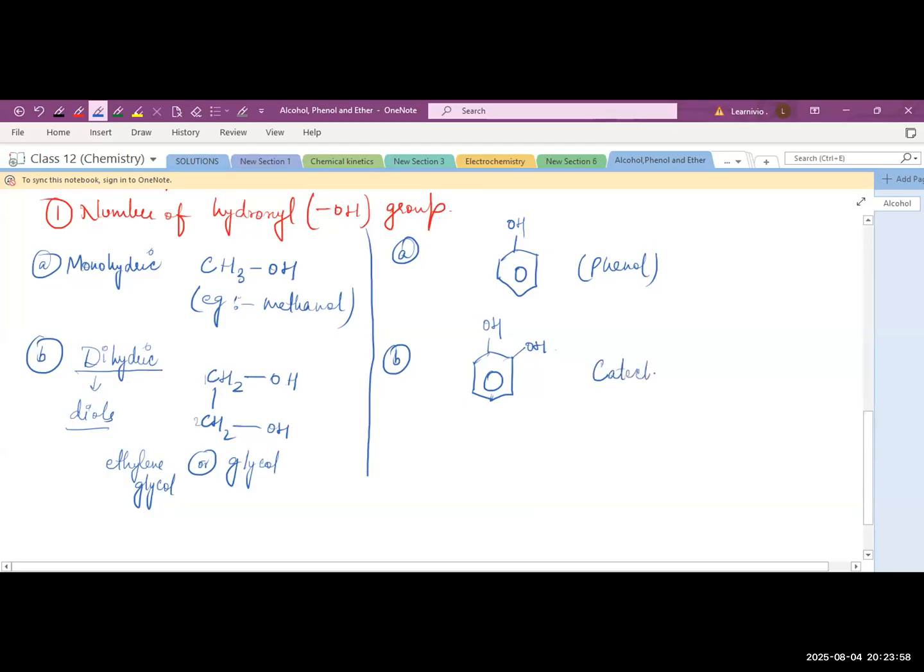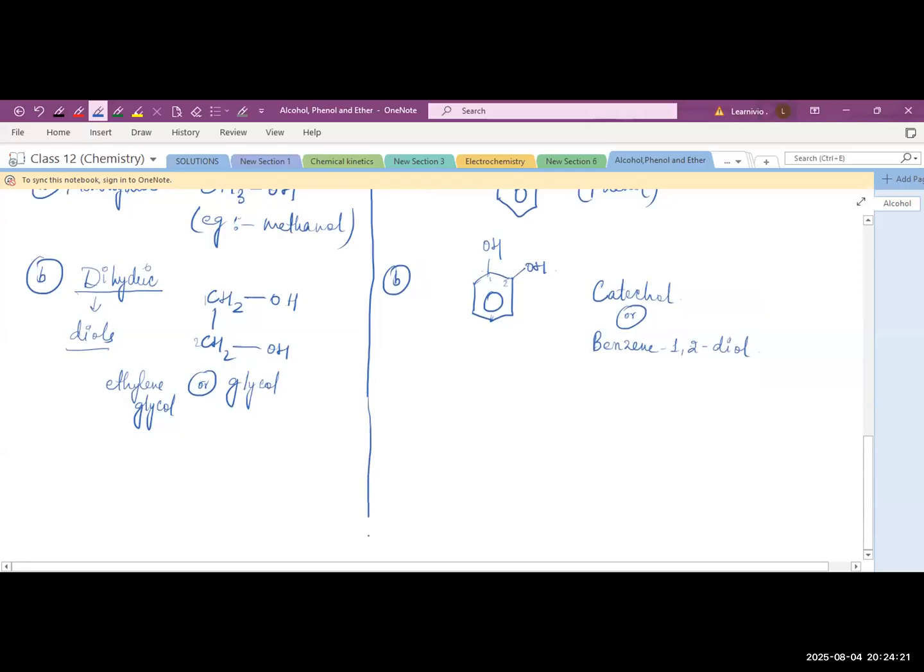Catechol. This is commonly known as catechol. And what is the IUPAC nomenclature of this? It's a benzene ring, so benzene-1,2-diol.